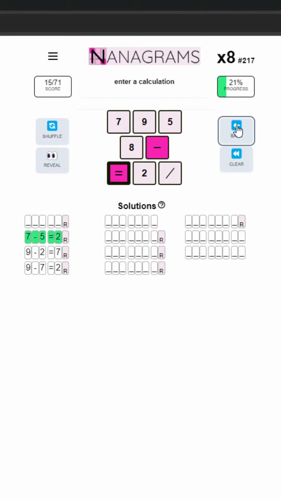This is way harder now. 78 divided by 2 is equal to... Okay, maybe we can do something like that. 98 divided by 2 is equal to... No. No, I guess that doesn't work either. Yeah, this suddenly got insanely hard.